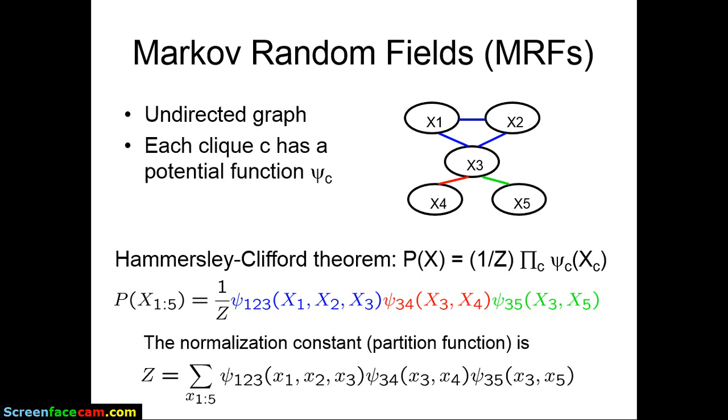And x5 has a direct influence caused by x3, so we have psi of 3, 5. So the probability of x1 to x5 can be stated as 1 upon Z, where Z is a normalization constant, times psi of 1, 2, 3 times psi of 3, 4 times psi of 3, 5. The normalization constant Z can be stated as a summation over x1 to x5 of psi of 1, 2, 3 times psi of 3, 4 times psi of 3, 5.